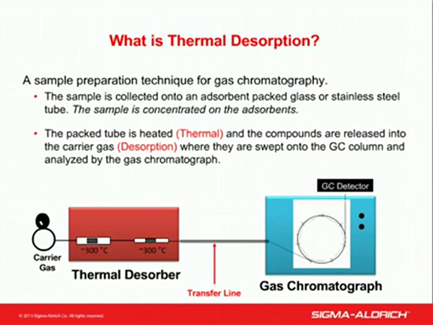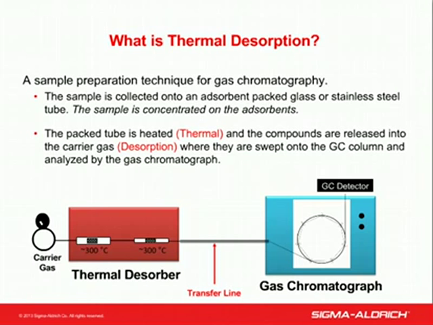Thermal desorption can be used to sample most organic compounds. There are a few exceptions, and those are compounds that are sensitive to thermal degradation, compounds that require derivatization prior to analysis, like formaldehyde and isocyanates, and compounds that are larger than C40.